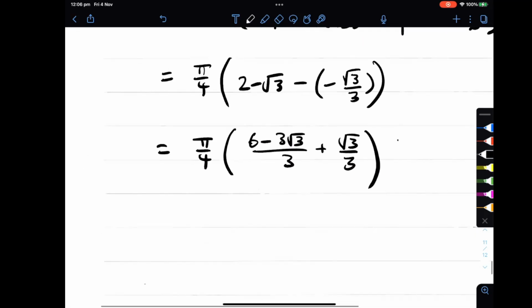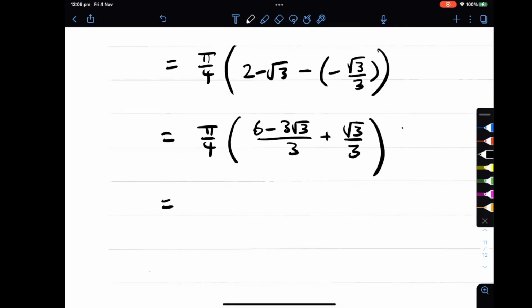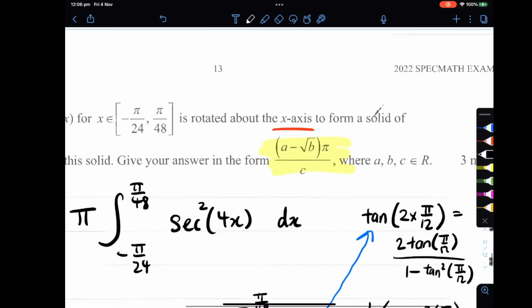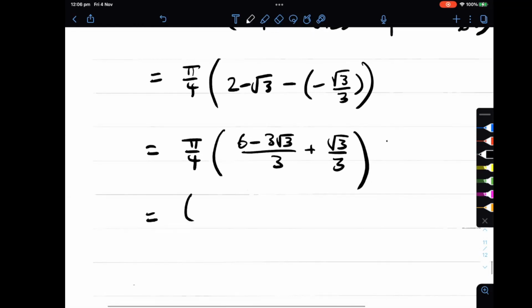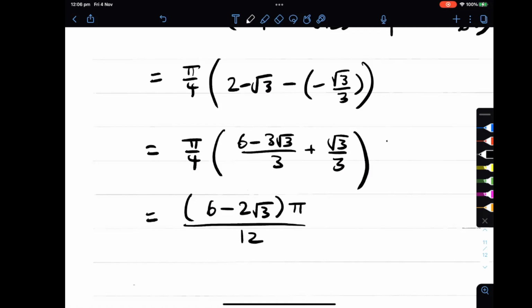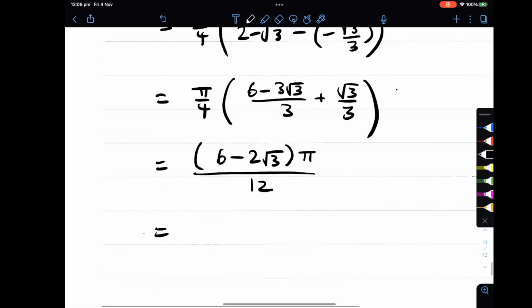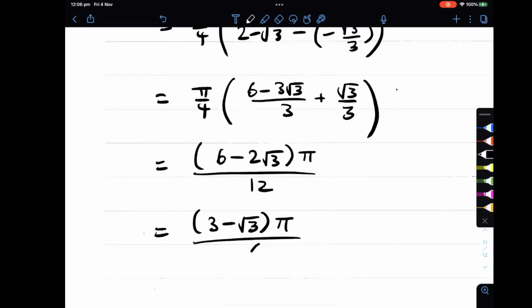Alright, and if we do that, it looks like that. If we simplify a bit, we're going to get 6 minus 2 root 3 pi over 12, from what it seems. And this can be simplified a bit more, so we get 3 minus root 3 pi over 6.